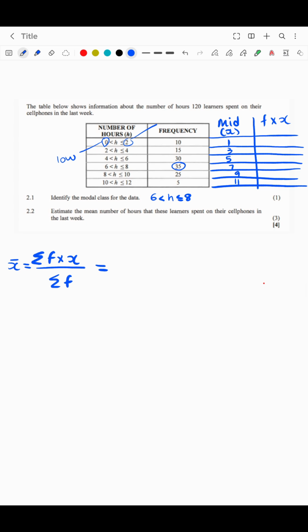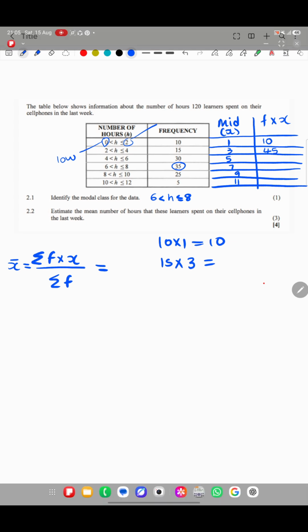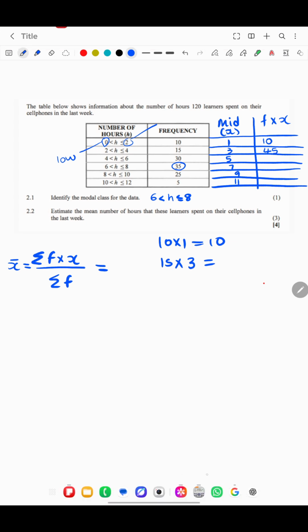So for the first interval, it will be 10 multiplied by 1, which is equal to 10. Then for the second one it will be 15 multiplied by 3, which is equal to 45. And for the third one, we will have 30 multiplied by 5.